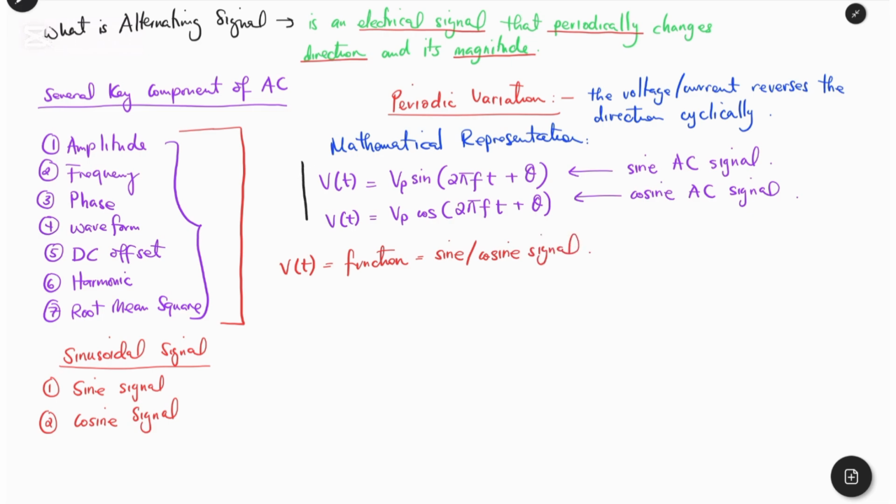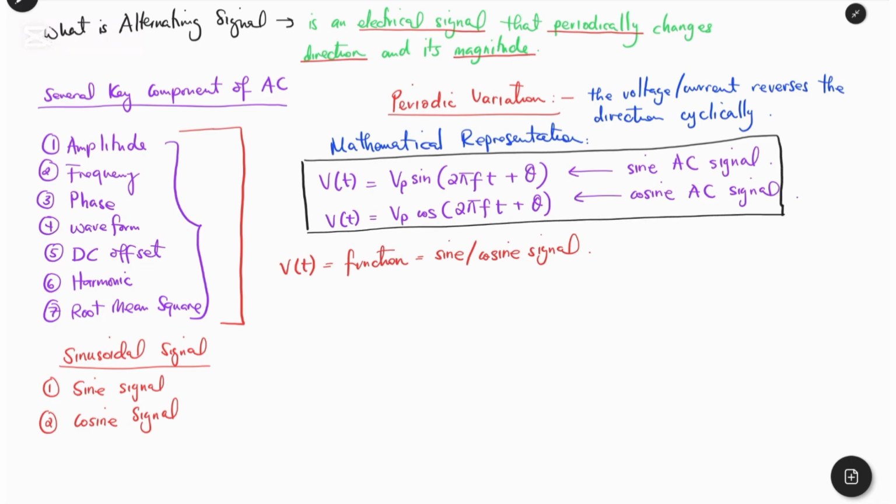So I will use both the sine and the cosine signal throughout the explanation of the alternating signal. In a sine signal, we can rewrite V(t) equivalent to Vp sine(2 pi f t plus theta).